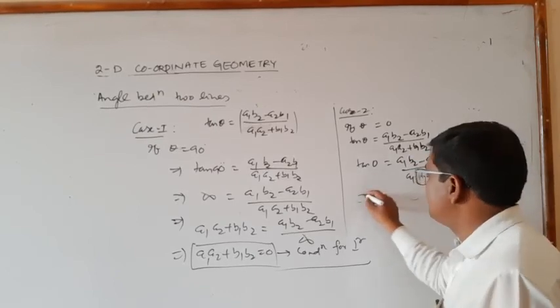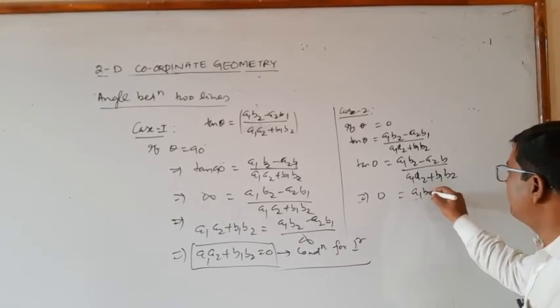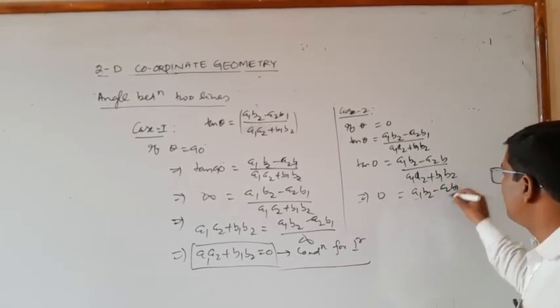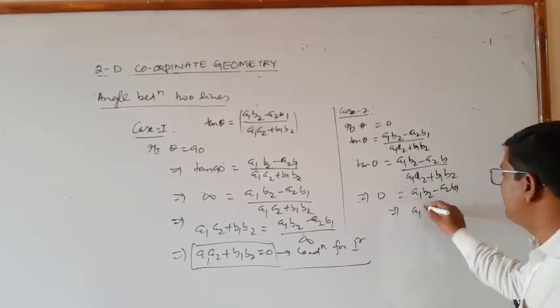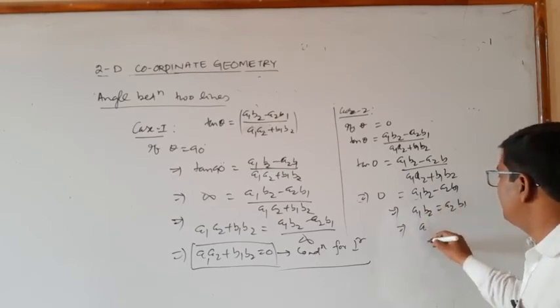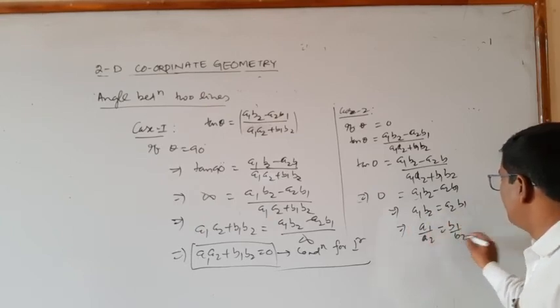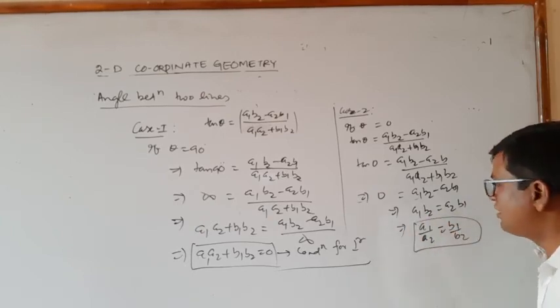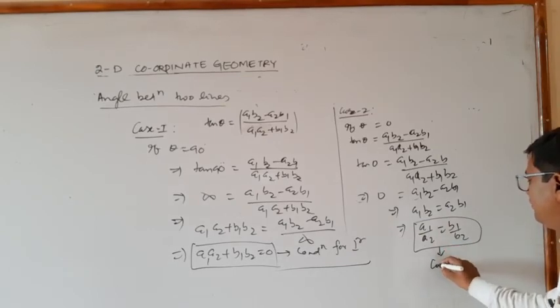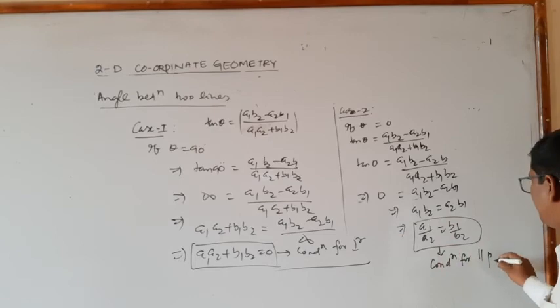So this is equal to 0. So 0 equals a1 b2 minus a2 b1. So that implies a1 b2 is equal to a2 b1. That implies a1 by a2 is equal to b1 by b2. This is the condition for parallel. So write notes.